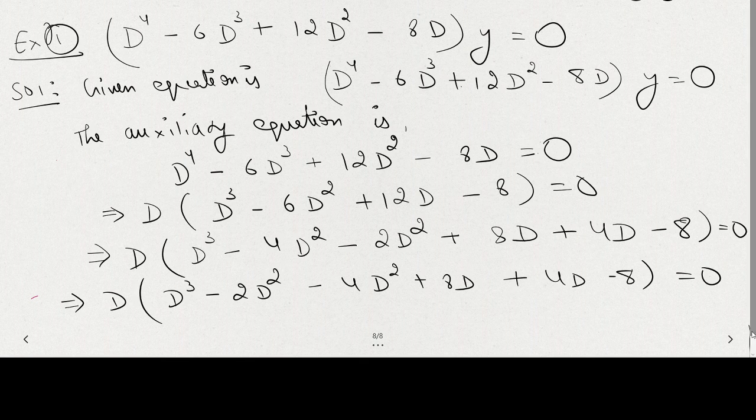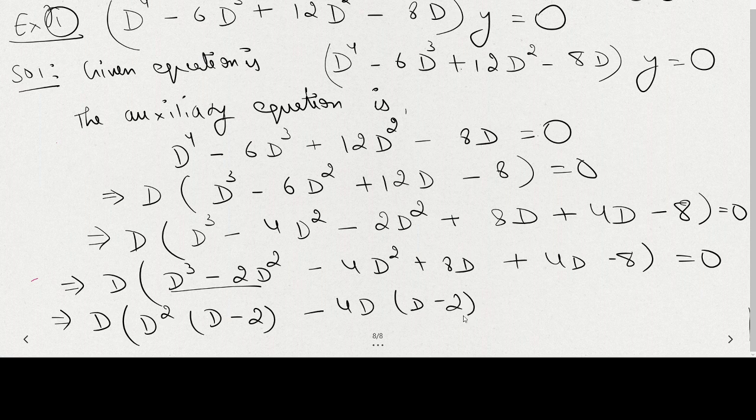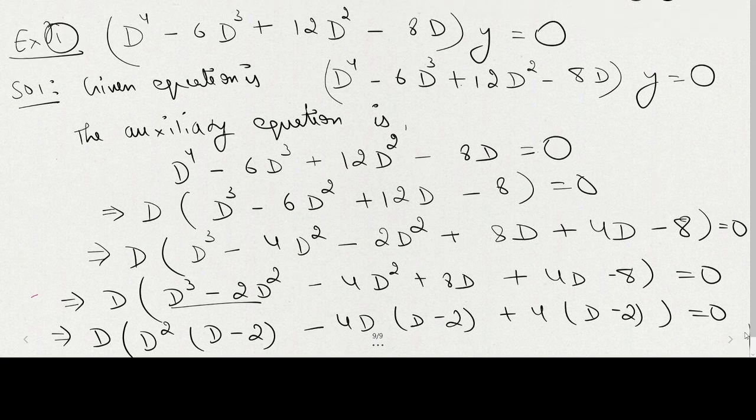If we take D^2 common from here, it will be D - 2. From here, if we take 4D, so it will be D - 2, and from here 4, so it will be D - 2. So we can take D - 2 common from all of them.